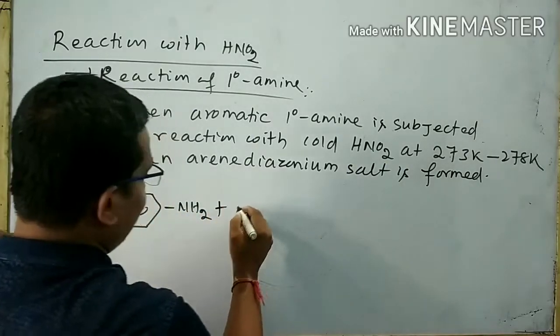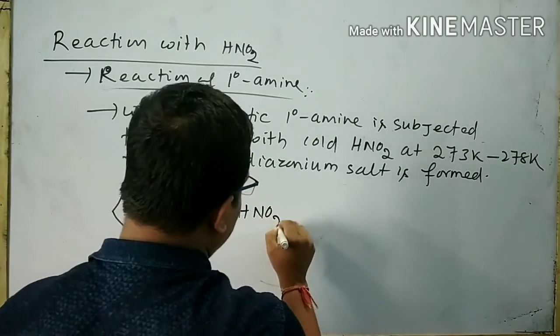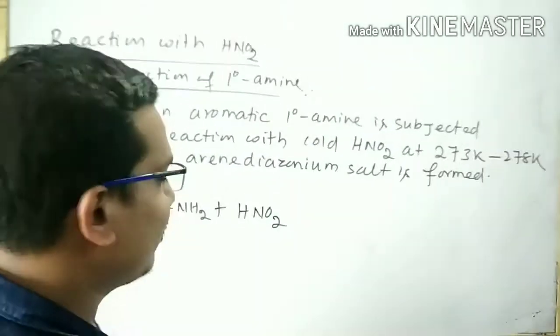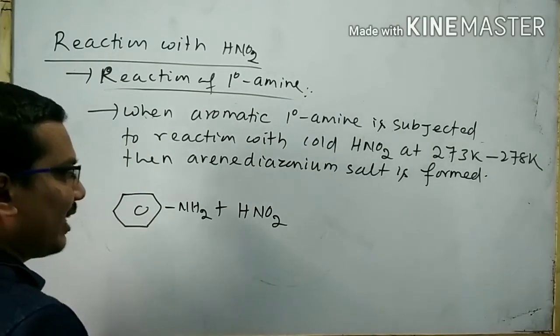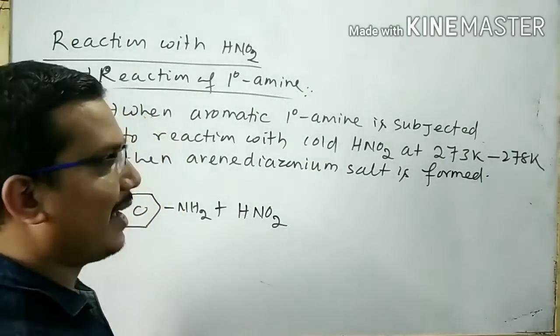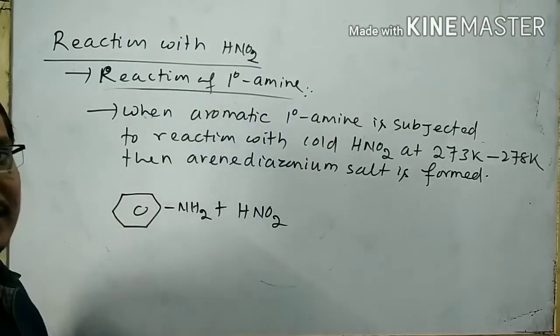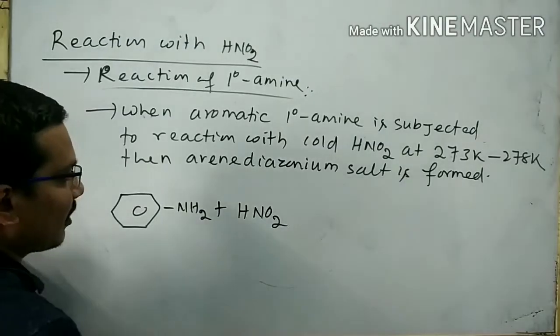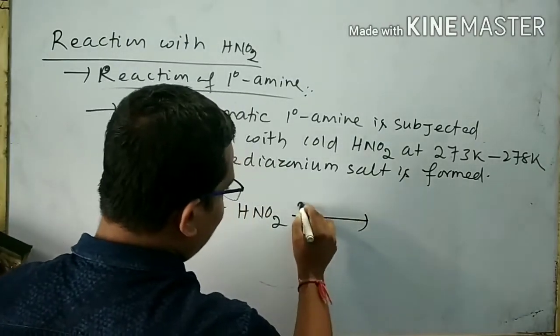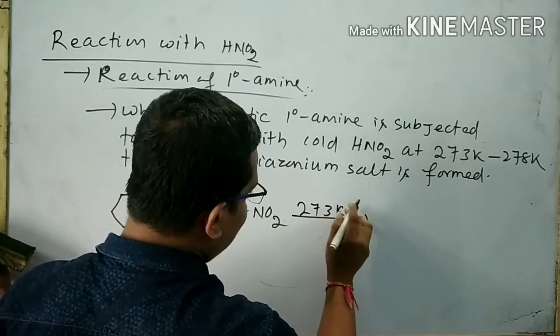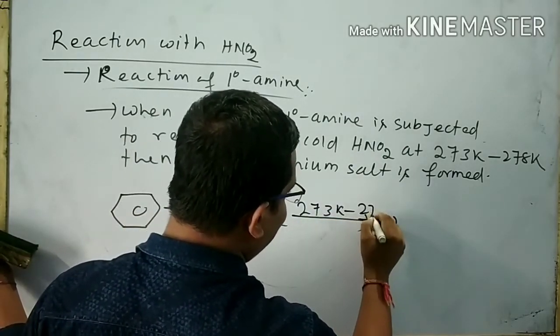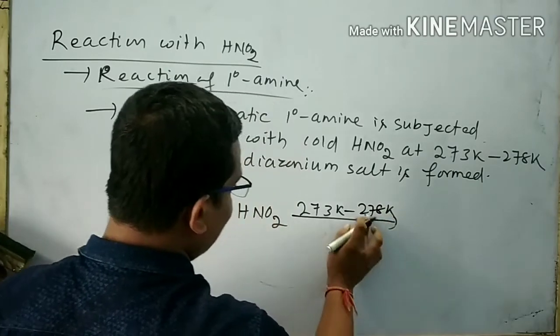Now it is subjected to reaction with HNO2. HNO2 is highly unstable as compared to HNO3. So HNO2 is prepared and used immediately at a temperature of 273 Kelvin to 278 Kelvin.